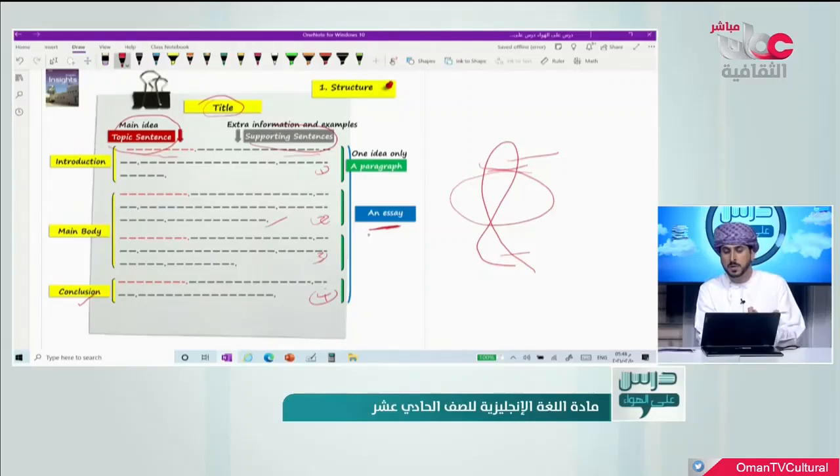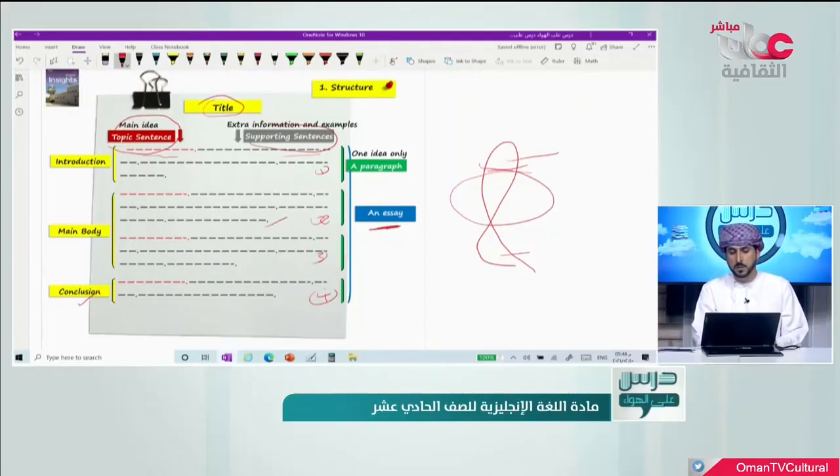How many paragraphs do we have in an essay? It depends on you. You want to write 4 paragraphs, 3 paragraphs, 5 paragraphs. It is up to you to decide this. Depends on your topic and the depth that you want to go into this topic.